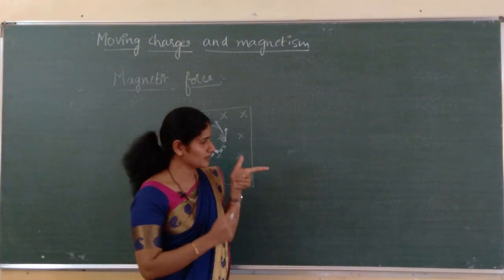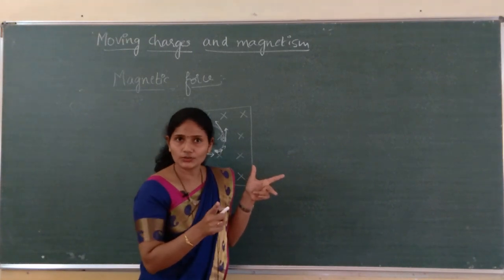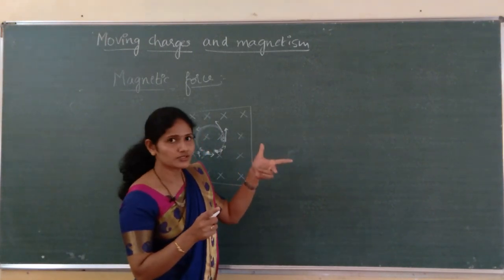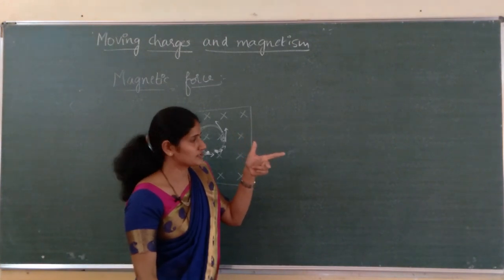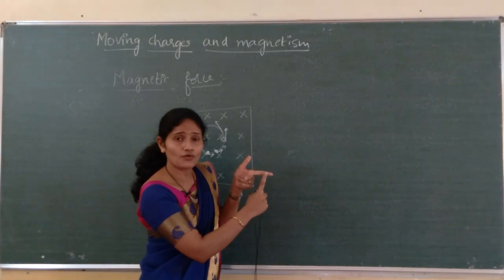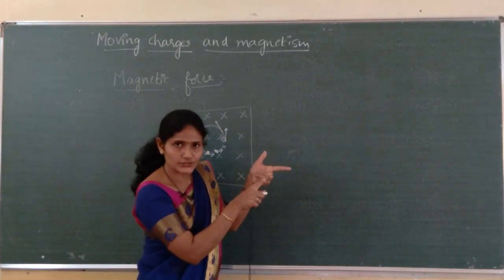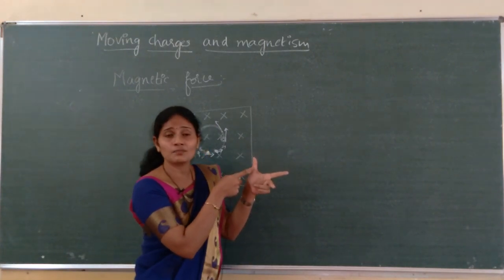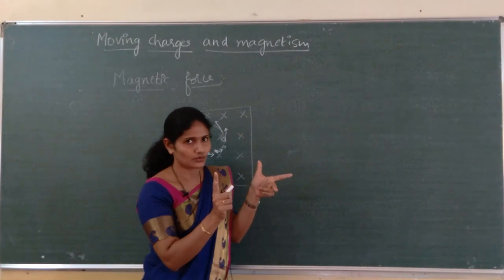So always remember, the 3 fingers are perpendicular to each other. You should keep your fingers like this, left hand first 3 fingers. Forefinger gives the direction of magnetic field, middle finger gives the direction of velocity, and the thumb gives the direction of magnetic force.